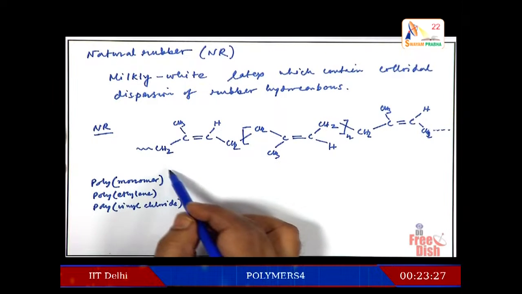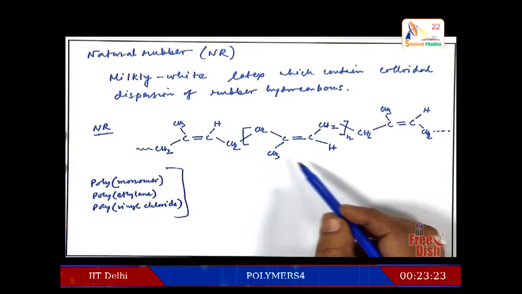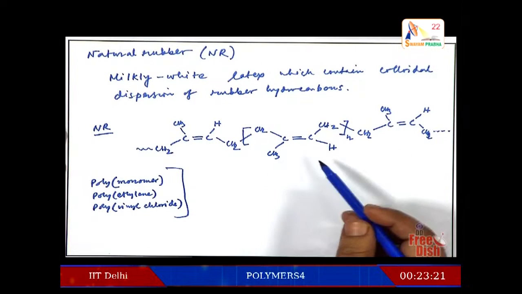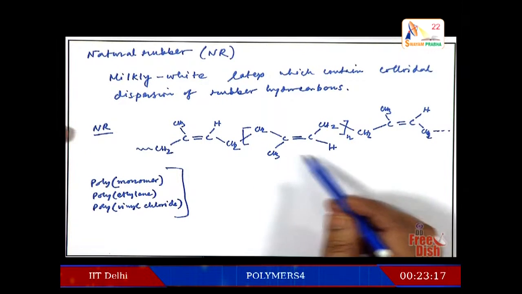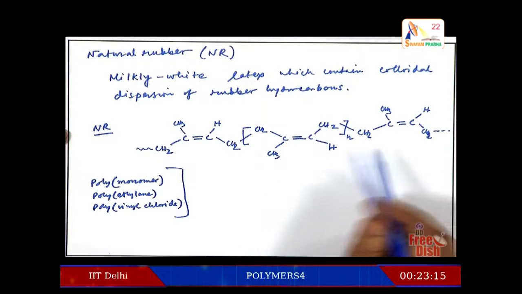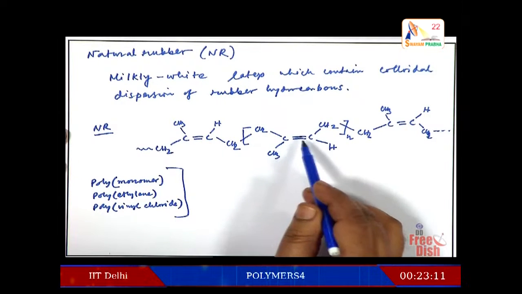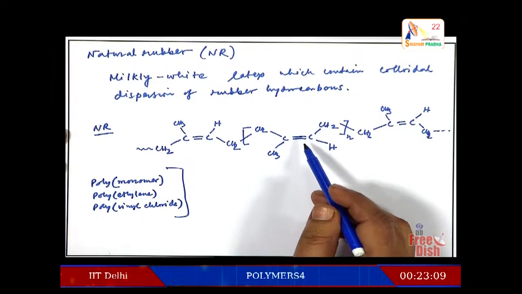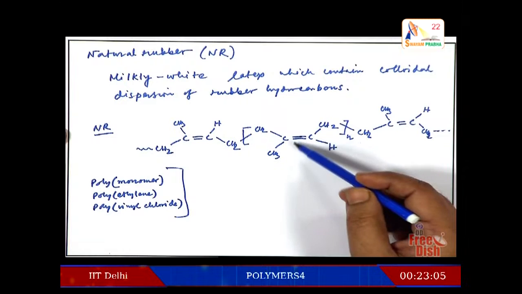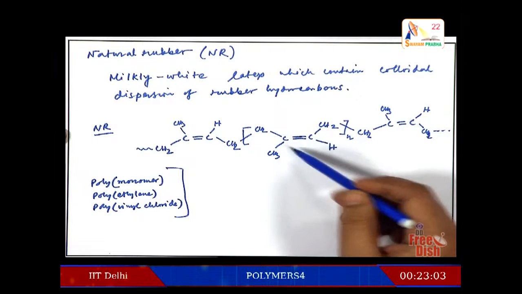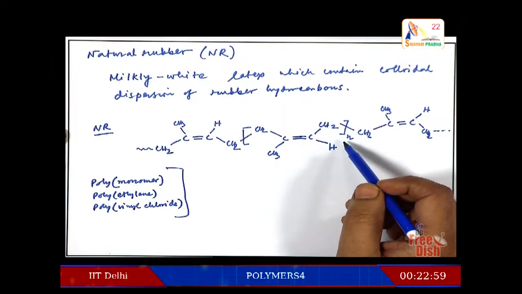So, basically we have this polymer now. If you want to name this, we have to imagine from which monomer we can synthesize it, or theoretically from which monomer it was synthesized, and what the structure is here. Now, you can see there is a double bond here. As you know, if there is a double bond, there could be two possibilities, a cis configuration or a trans configuration, and in this case you can see this is a cis configuration.